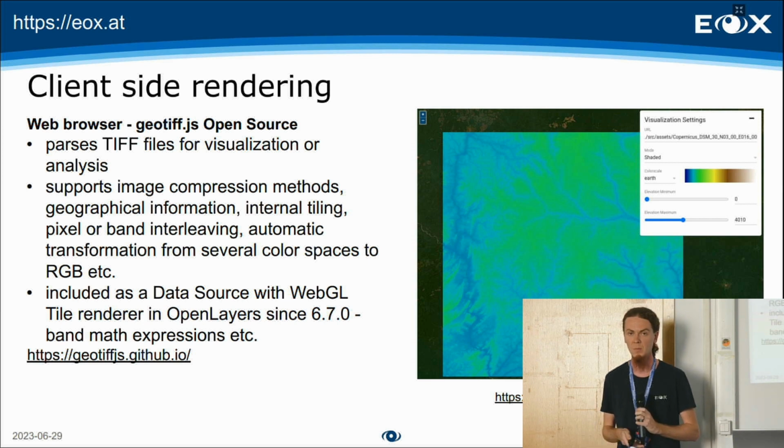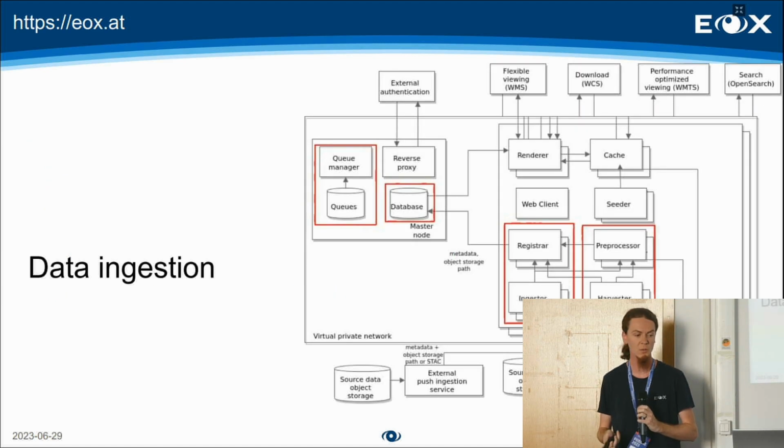So we have made a DEM client-side rendering example where simply the cloud-optimized geotiffs are directly accessed and rendered on the client side, which is then of course much more performant because we don't send requests to the WMS services for each change of the visualization parameter that the user might do, and this is a configurable feature. And this uses underneath, in our case, the geotiff.js library for parsing the cloud-optimized geotiffs, but it could be basically any iframe application getting some information about the products.